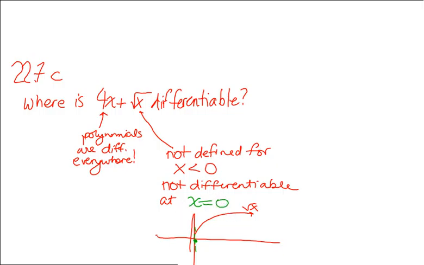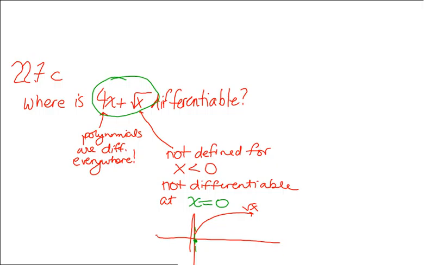Okay? So wherever we have differentiable functions, if we add them or take linear combinations of them, just add them or multiply by a constant and add them, then those things are also differentiable. So really, the only problems we have are with pieces that are not differentiable. So we can look at these in pieces. If I say, where is this entire function differentiable?